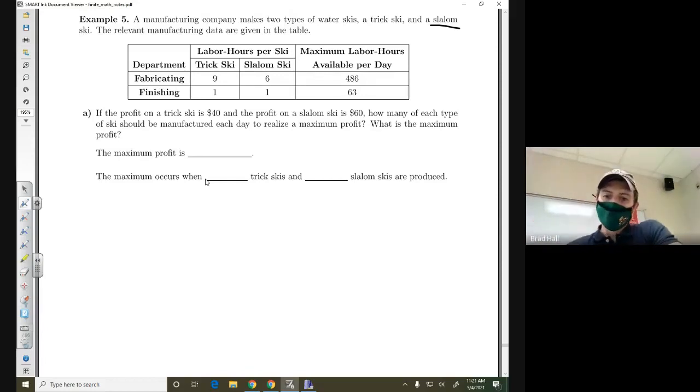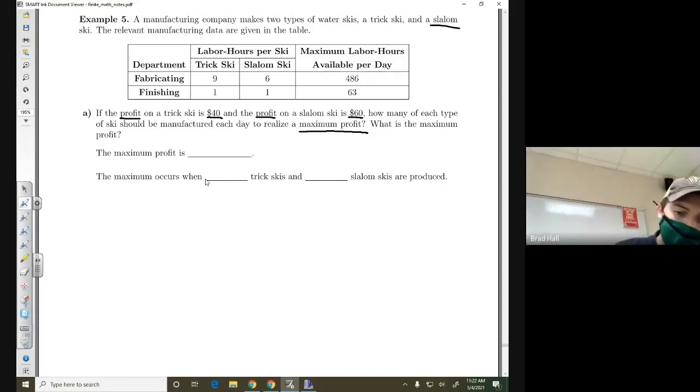And additionally, they say something about, in part A, profit is 40, and the profit is 60, and then they want to get a maximum out of that. So this is a bunch of numbers they're throwing our way. Now, if they're trying to maximize the profit, in fact, before I even write that, your thought process should still follow the thought process of the previous examples.